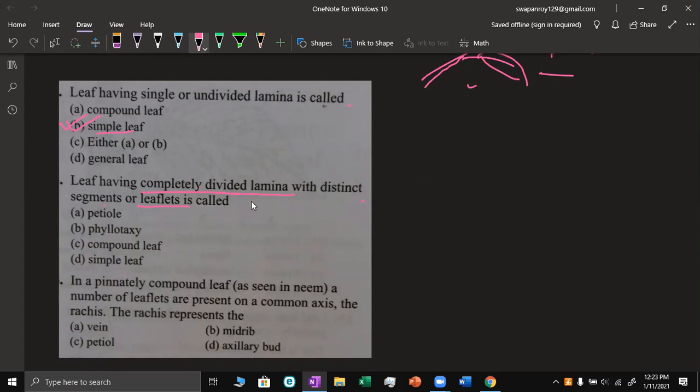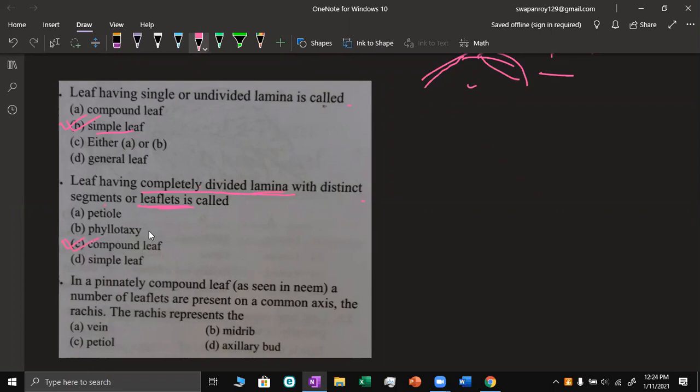It is leaflet or venule, not venlet. Leaf and leaflet. So this is the compound leaf.